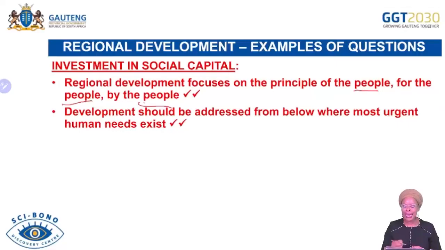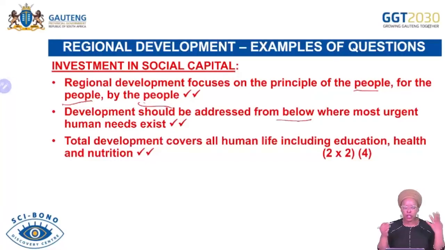Development should be addressed from below, where most urgent human needs exist. Which human needs? It should cover human life, including education and health, as well as nutrition. Remember when I mentioned that educated and skilled workers are more productive than unskilled and uneducated people, as well as the healthy workers, they are more productive than sick workers.